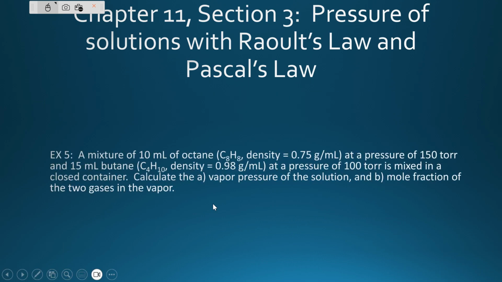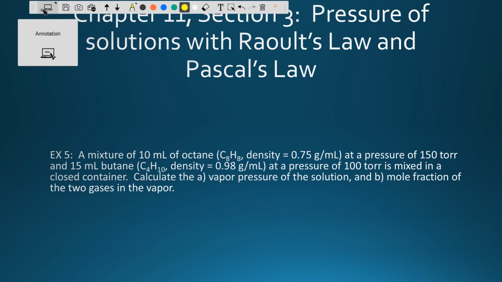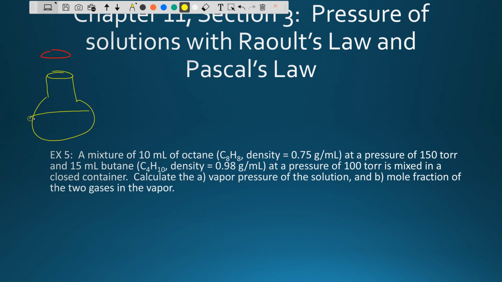Now, let's take a look at another example. This example includes two liquids. And so this is a little bit different, because inside this flask, I find two liquids now. So I have my butane, and I also have my octane.